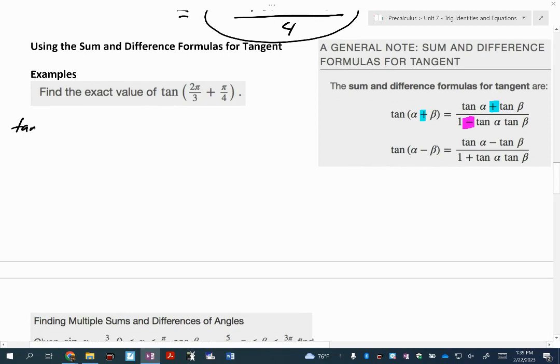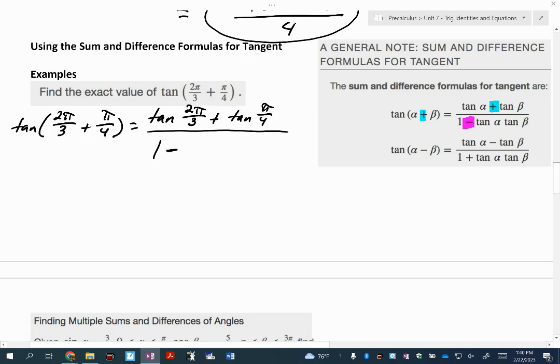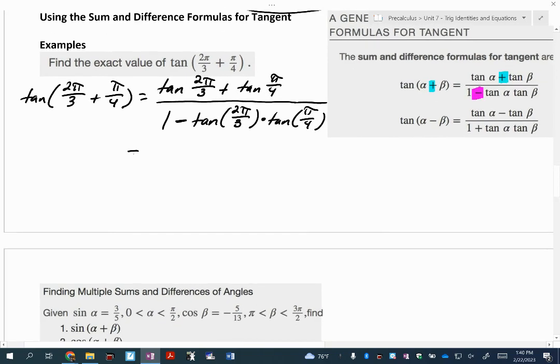All right, so the tangent of 2 pi over 3 plus pi over 4 is equal to the tangent of 2 pi over 3 plus the tangent of pi over 4 all over 1 to the opposite sign, minus the tangent of 2 pi over 3 times the tangent of pi over 4. All right, so let's see what that becomes.